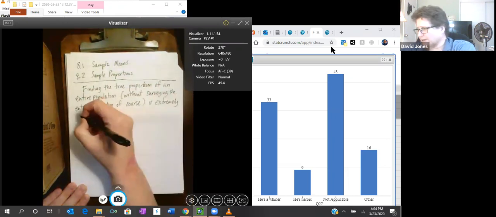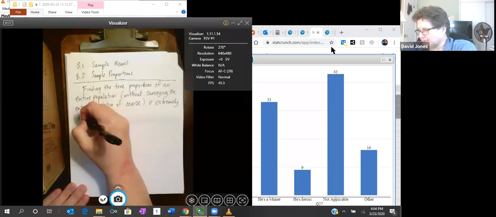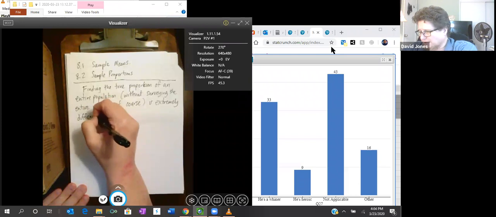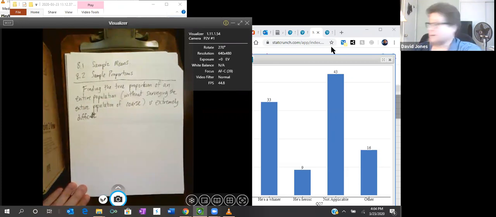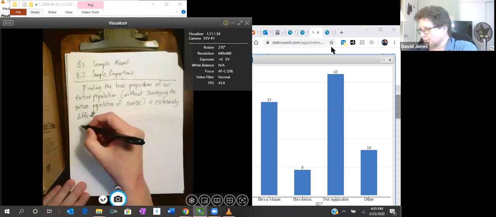We don't ask everyone, we really have to just guess. We can get close, and that's what the remainder of this book is about, the remainder of this course. But we can find a sample proportion.